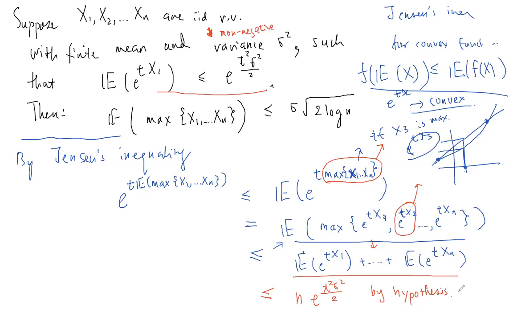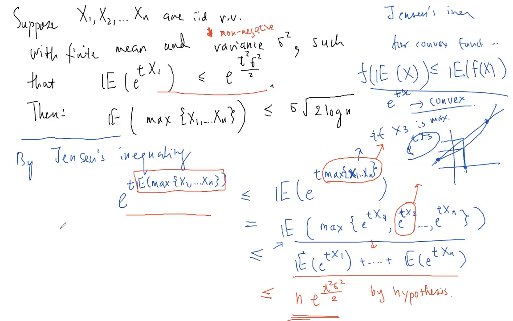All right, so you have a sequence of arguments starting from this result. You apply Jensen's inequality, and then you use this hypothesis here to get some bound. Once you have got this bound, you can now access this random variable by taking log on both sides.